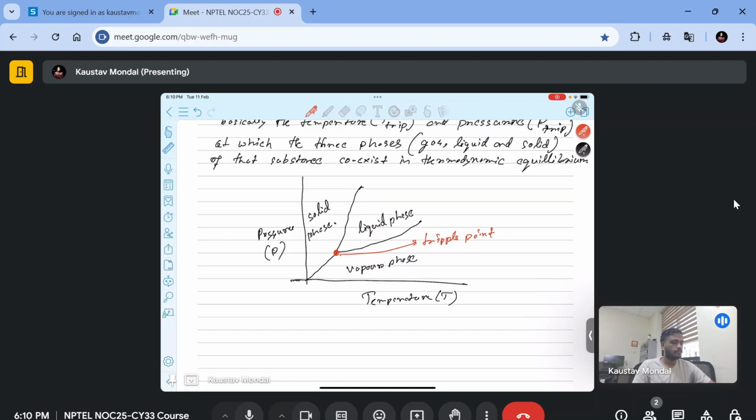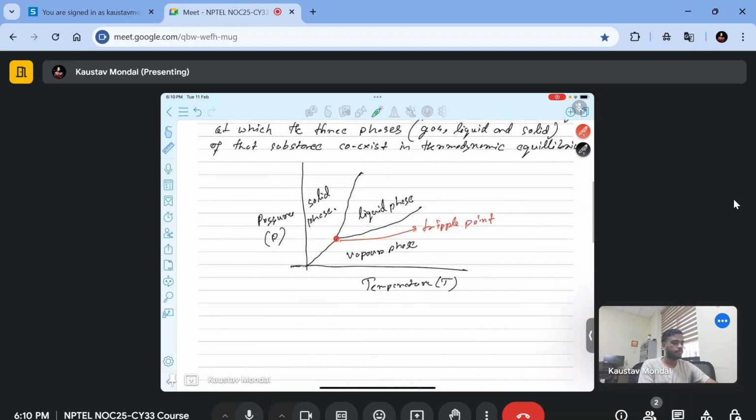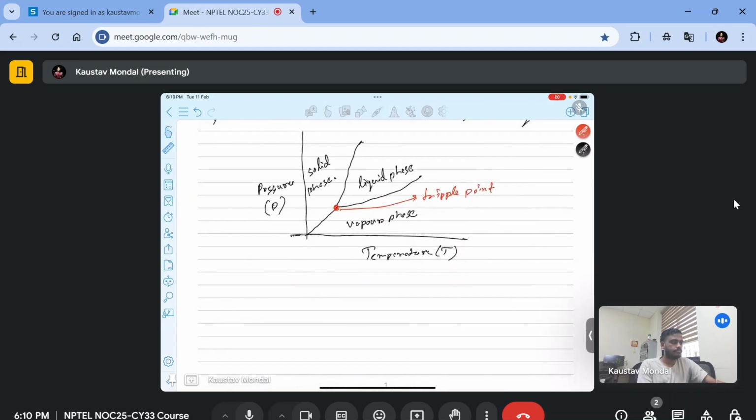Now we'll come back to our question. In our question the vapor pressures of the two states are given, and we have to calculate the triple point temperature. Let me first write these expressions.